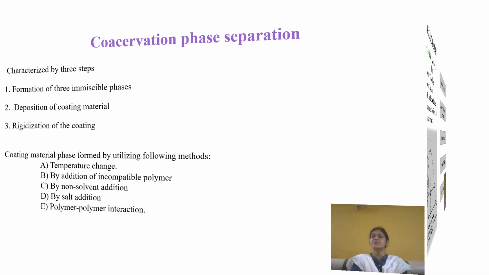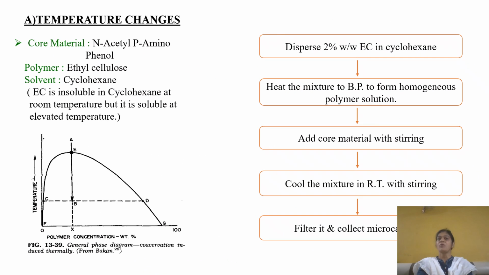So let's see coacervation phase separation by change in temperature. In this method, the core material is N-acetyl para-aminophenol, the polymer is ethyl cellulose, and the solvent is cyclohexane. Why are we using ethyl cellulose? Because ethyl cellulose is insoluble in cyclohexane at room temperature, but soluble at elevated temperature.